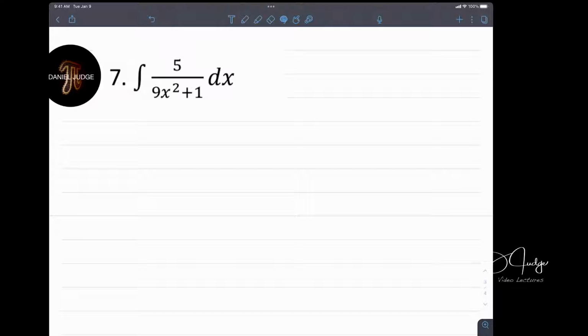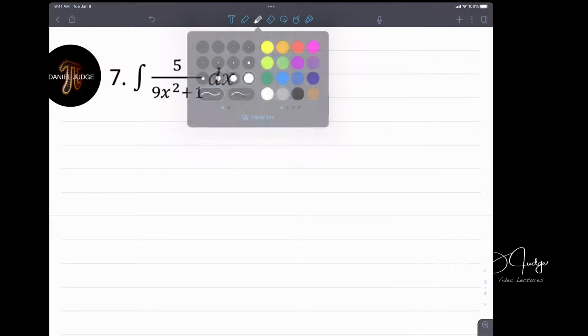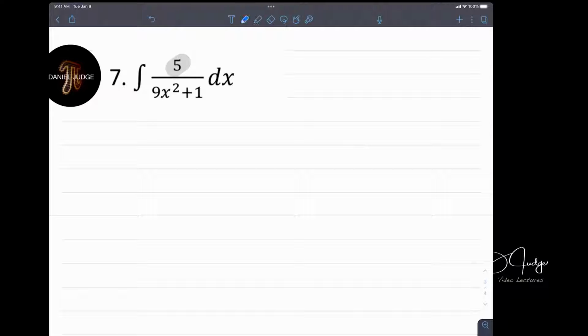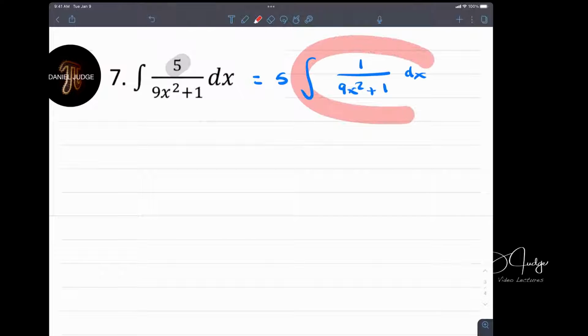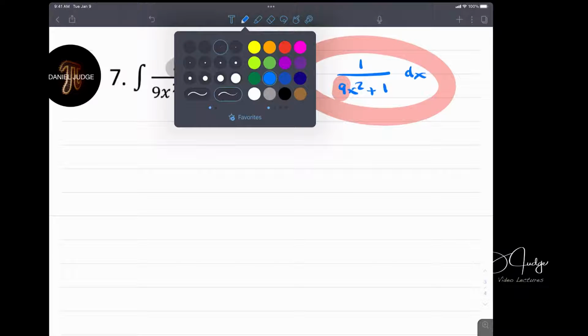Number 7, notice again, we have a constant. We're going to start here with that constant. We get to pull it out. So you have 5 is the constant, 1 over 9x squared plus 1 dx. And so you look at this particular integral, and what's fair to observe is this 9x squared here.